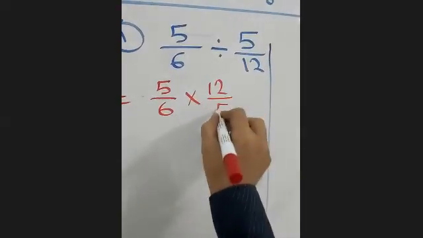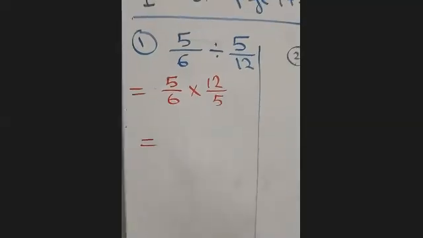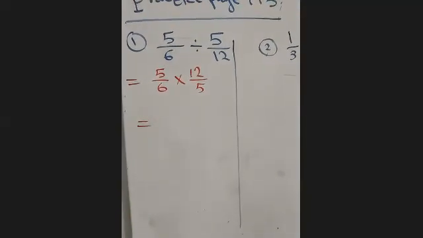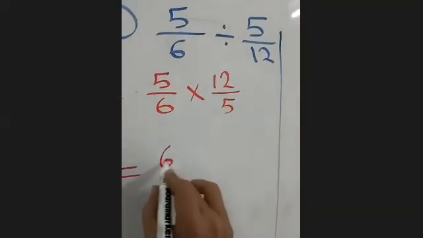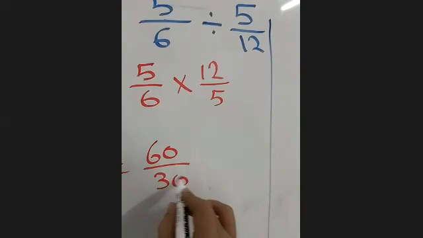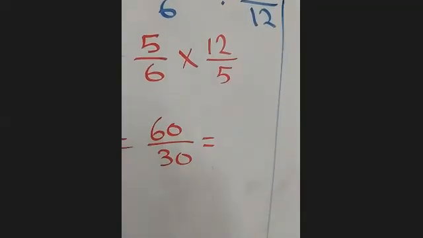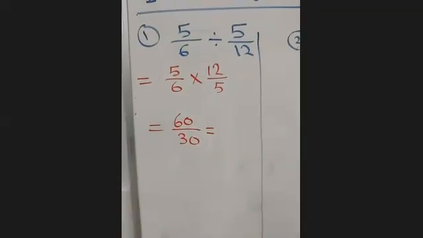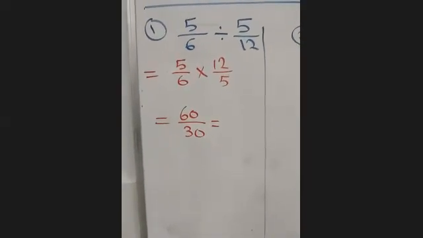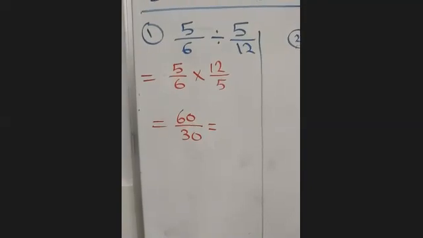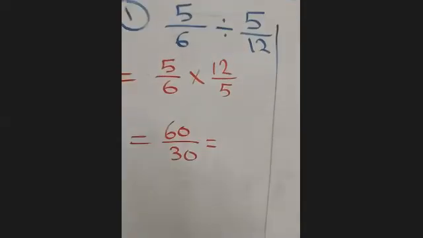Then we multiply normally. 5 multiplied by 12 is 60 and 6 multiplied by 5 is 30. 60 over 30. Then divide both by 30. The answer will be 2 over 1, which is equal to 2.